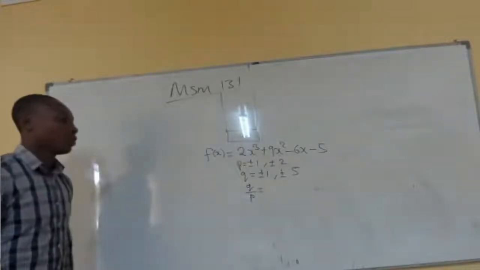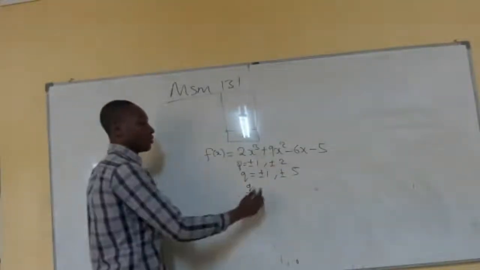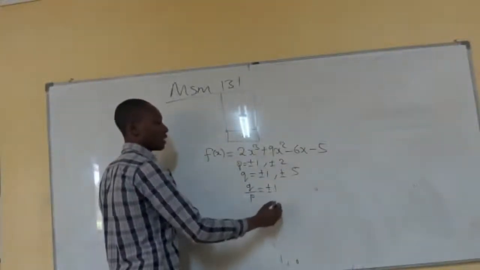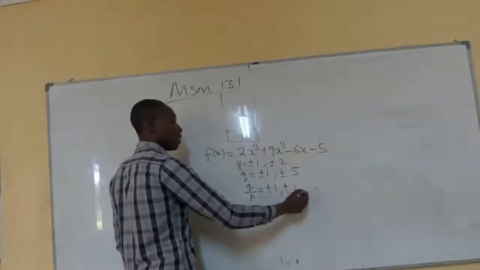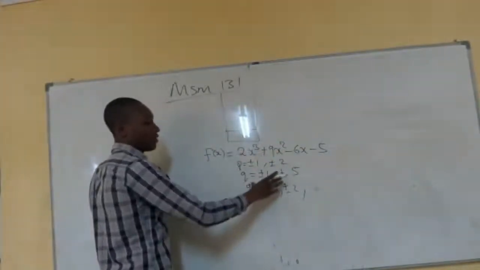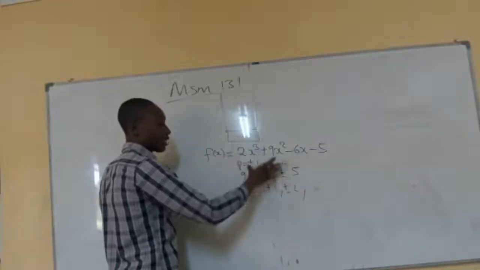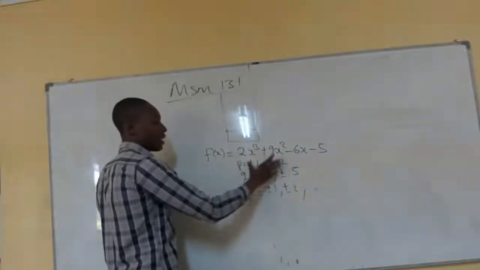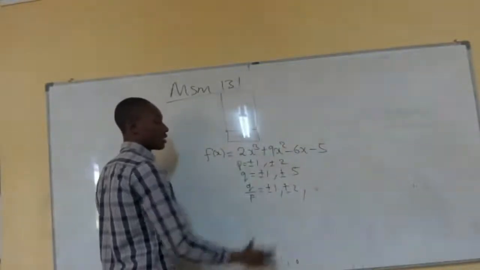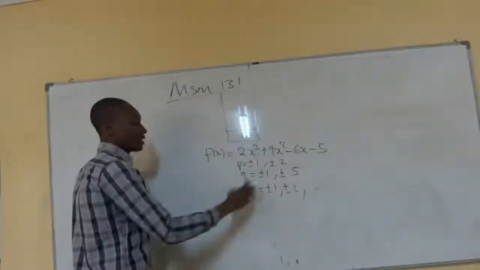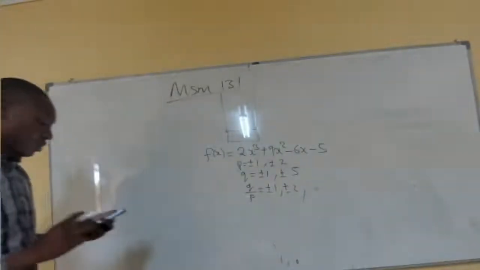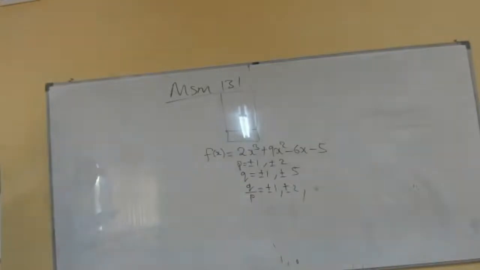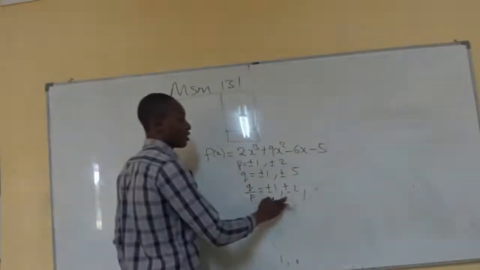alright, so if you say Q over P, we have plus or minus 1 as the first, plus or minus 2 as the second. So I'm simply dividing these factors over these factors, okay? So the factors in question, the ones we're looking for, will be somewhere there. Plus or minus 1, plus or minus 2.